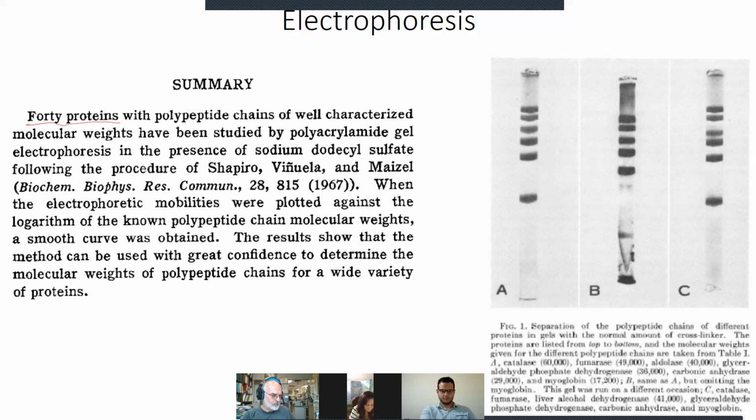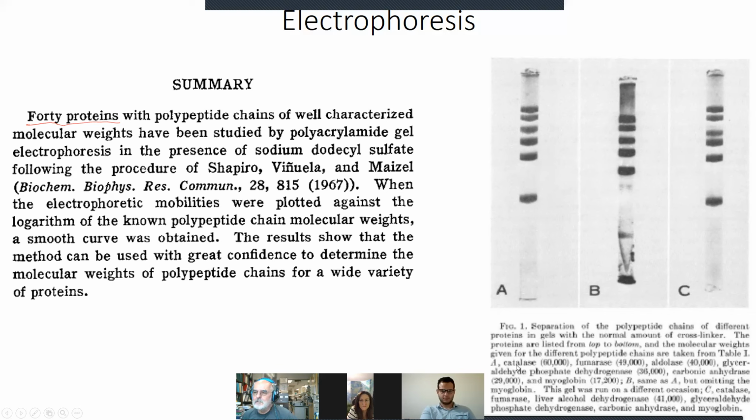Notice it's referring to the original observation by the Mizell group about this phenomenon a few years before. And on the right is the basic observation.